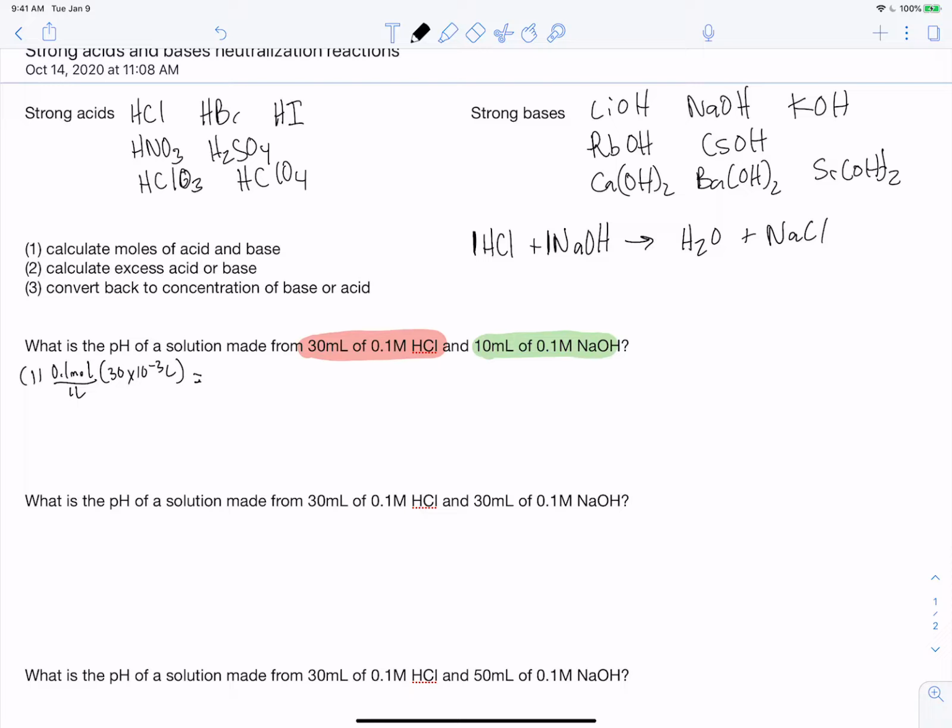So I'm having calculator mishaps over here. Okay, there we go. So we end up with 0.003 moles of HCl. And since this is a strong acid, that is going to be equal to the moles of H plus that I have.